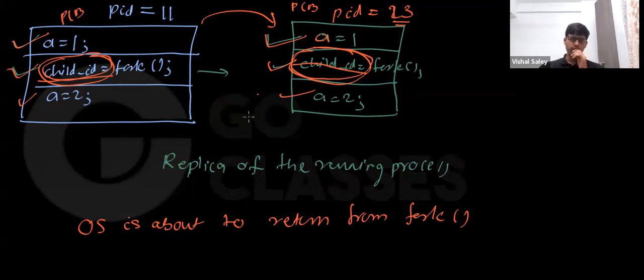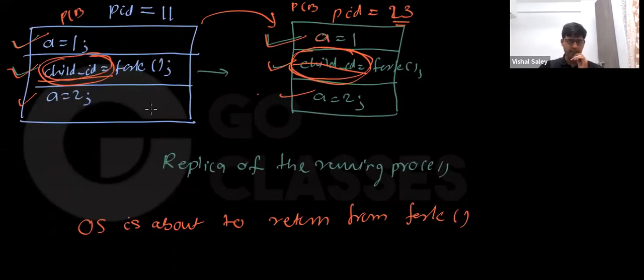Now, whichever process calls the fork is called a parent process. So in our example, this process basically initiated the system call, so this is the parent process.